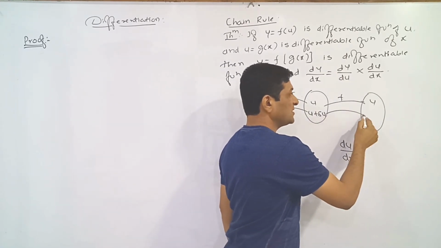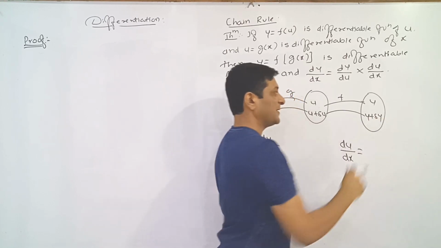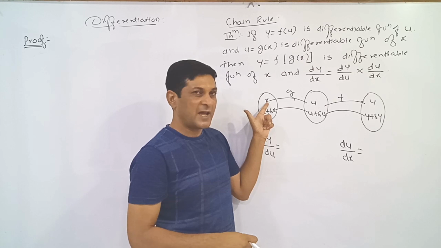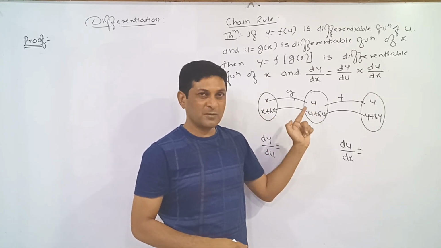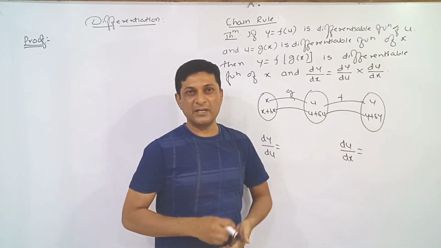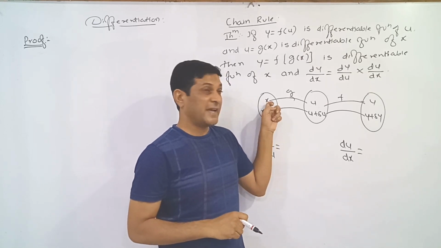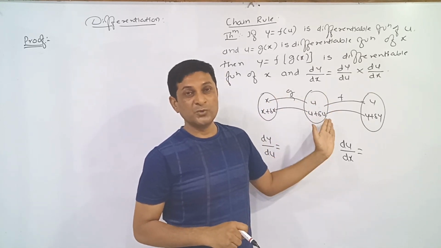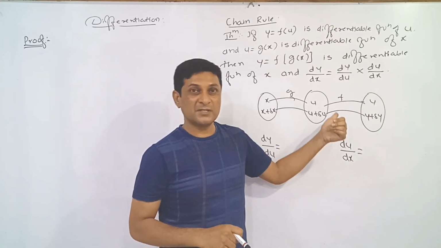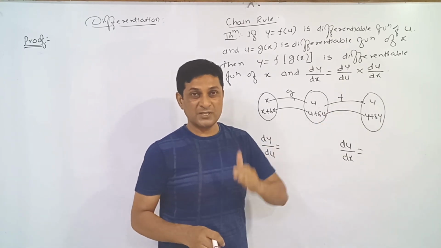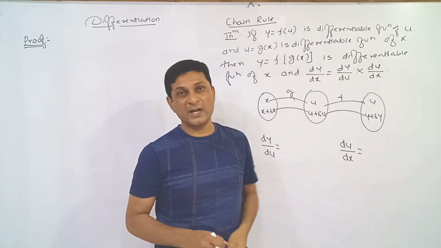Let us denote the change in y by delta y. Now if x changes, u also changes, and if u changes, y also changes. This is nothing but one chain, and that's why this formula is called the chain rule.